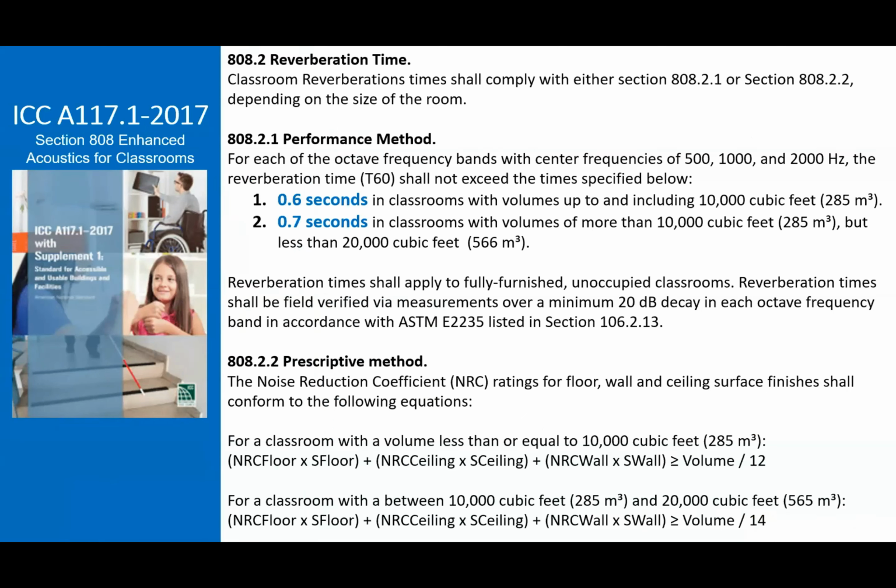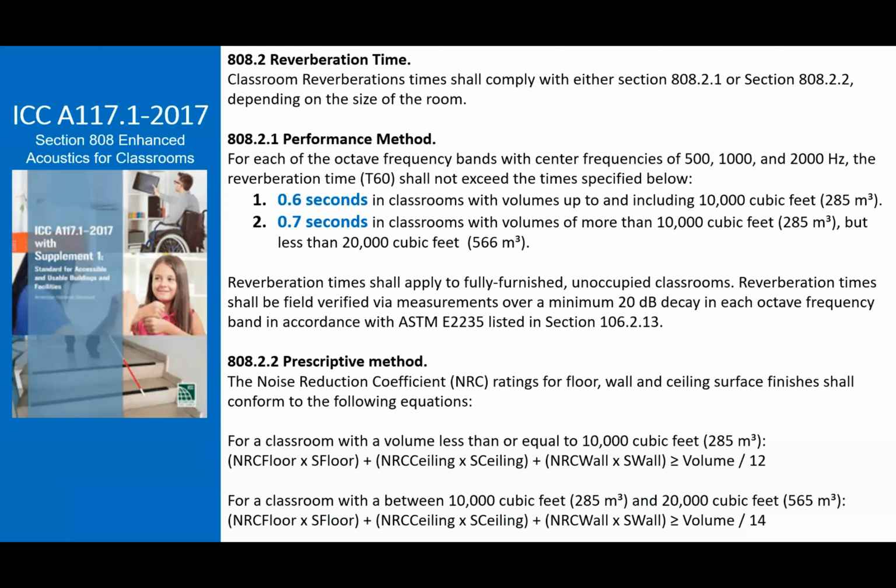One is going to be the reverberation time. We talked earlier about how reverberation time plays a role in how students can learn and perceive. They've given you two ways to look at this. There's a performance method where you can actually measure the reverberation time of the space itself.